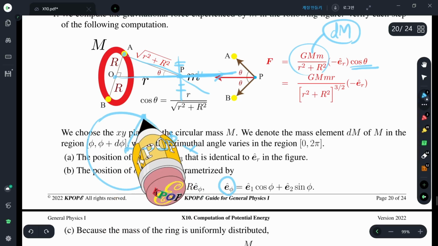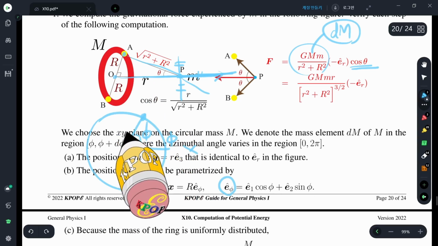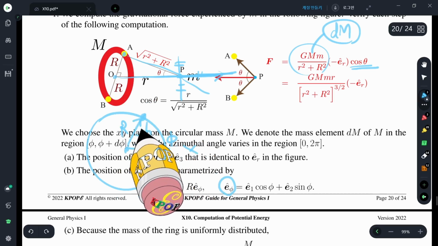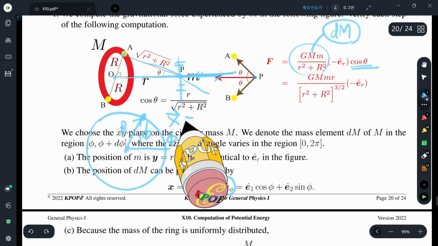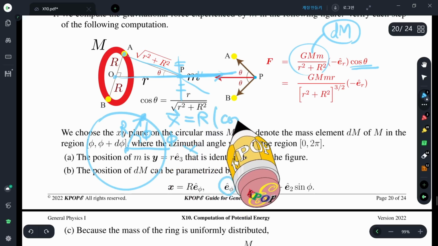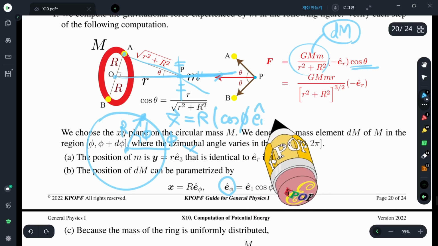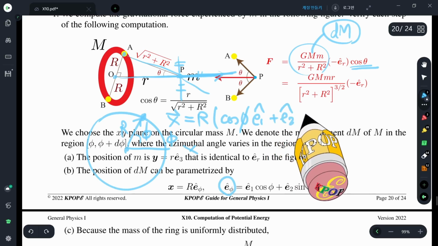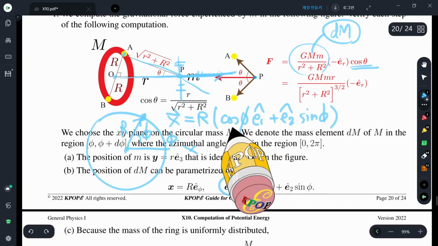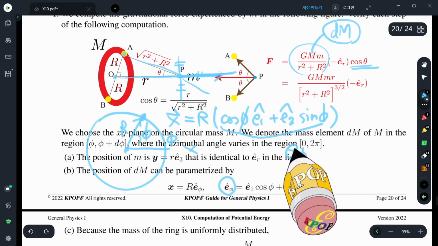Phi. Then this point, this radius r. This point is r cosine phi e1 hat, plus r sine phi e2 hat. Let me call this one e phi hat.